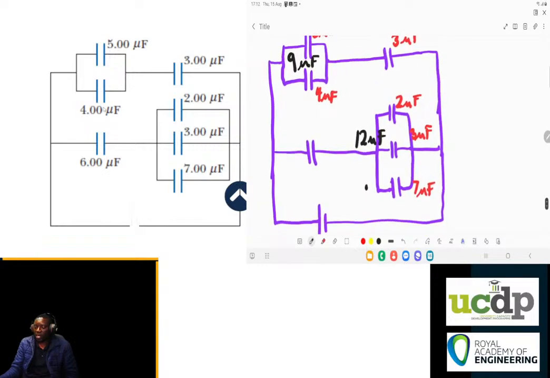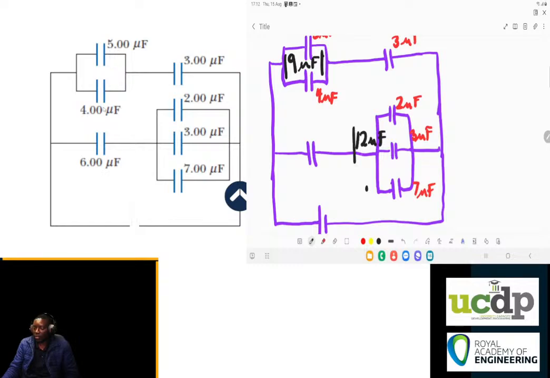So we've reduced all these parallel parts to their equivalence. It's now like we only have one capacitor there, which is an equivalent value of 9 microfarads, and we have only one capacitor again here, which has an equivalence of 12 microfarads, like that.